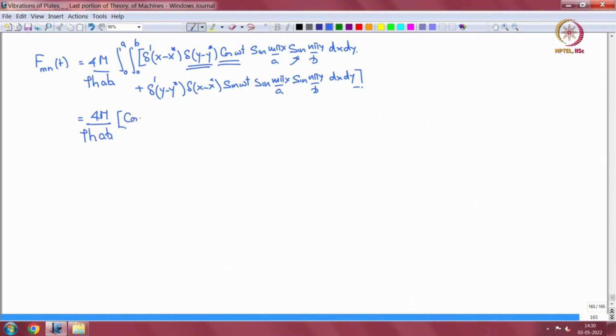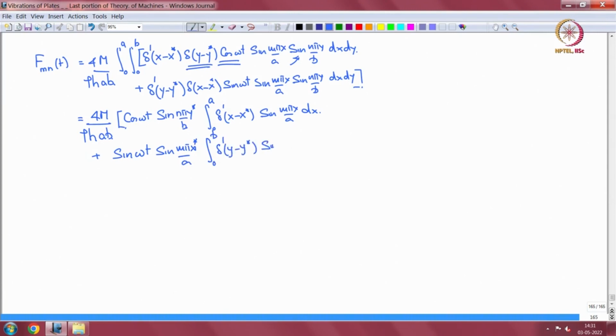So I have cos omega t sine n pi y star by b, then integral 0 to a delta dash x minus x star sine m pi x by a dx, plus sine omega t sine m pi x star by a, here integral 0 to b delta dash y minus y star sine n pi y by b dy.